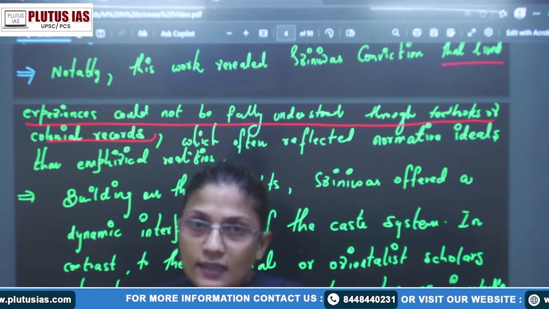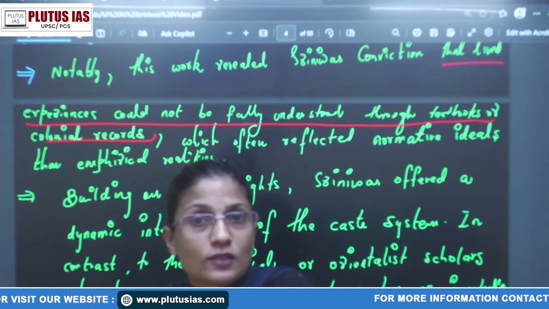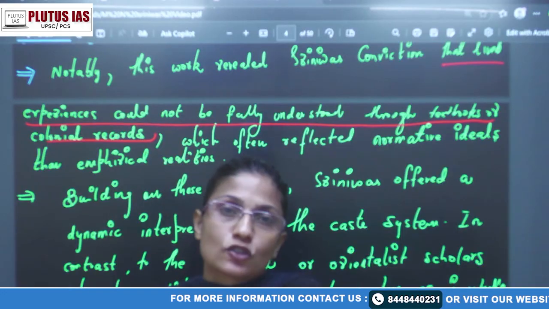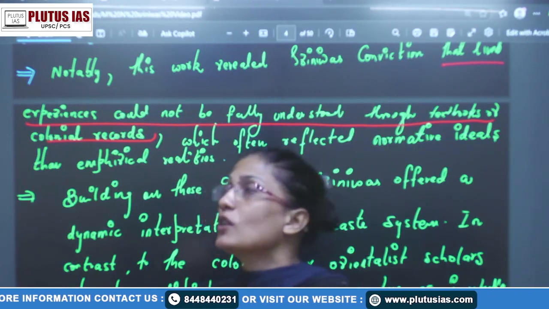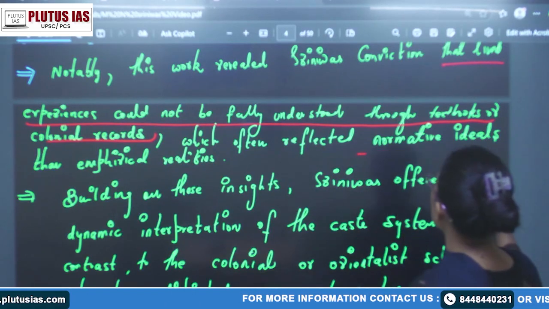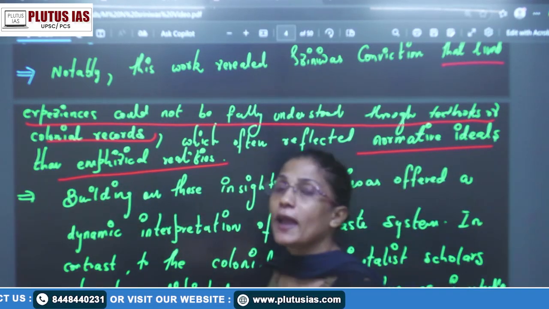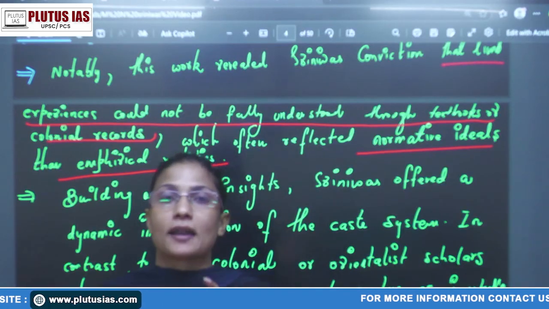He argued that the kind of information we have may help us understand the history of our Indian culture, but it is not at all substantial for us, which often reflected normative ideas rather than empirical realities. So M.N. Srinivas focused more on empirical realities.